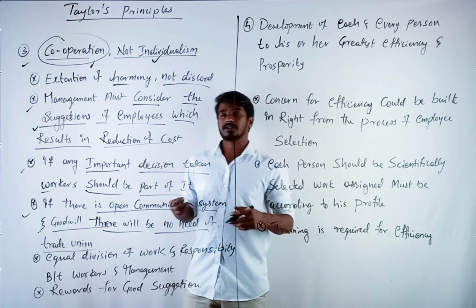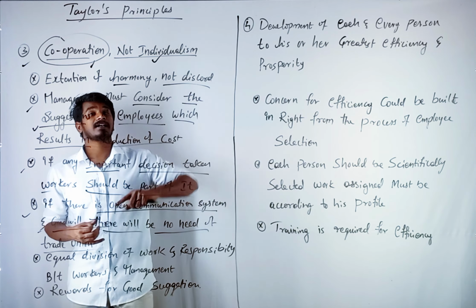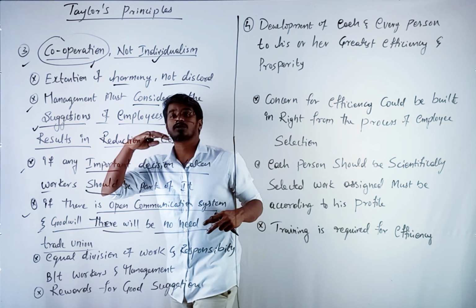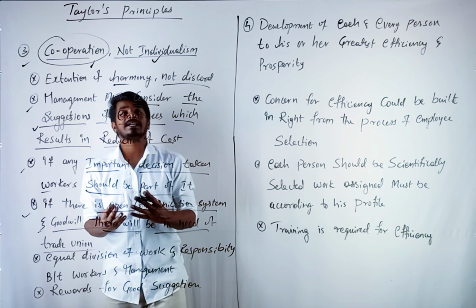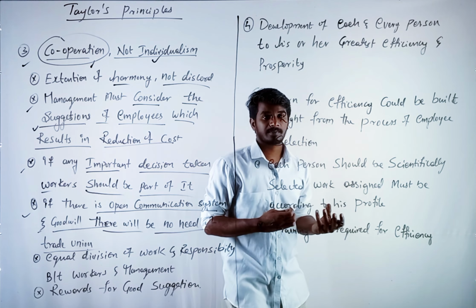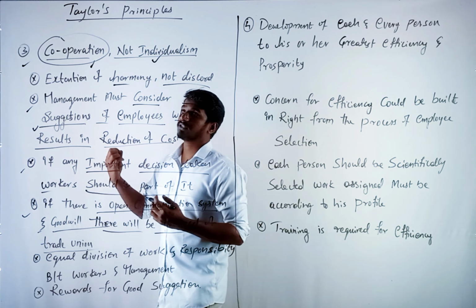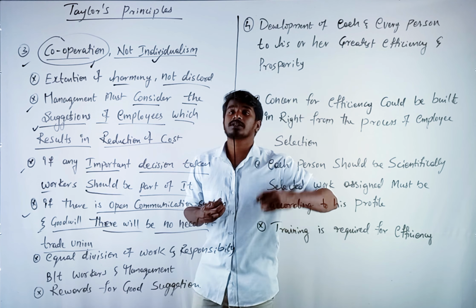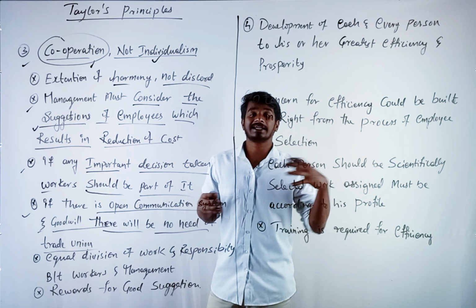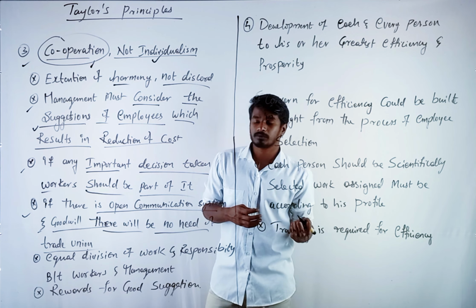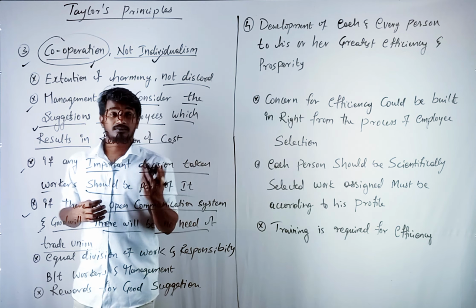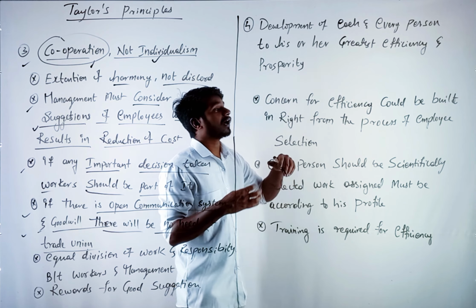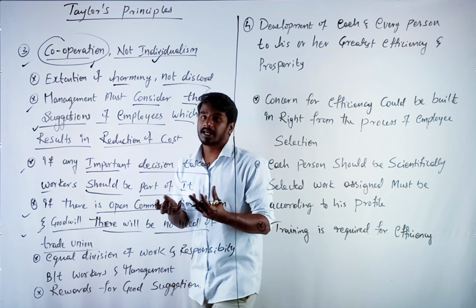So if there is an open communication, which means if a lower level management can directly speak to the top level management, and workers can also speak to the top level management directly and openly, if there is any requirement or if there is any problem in the organization, or if there is any alternatives or changes in the product, if they talk directly to the top level management, middle level management and lower level management, the respective authority, there will be no need of trade union and there will be no need of strikes, right?